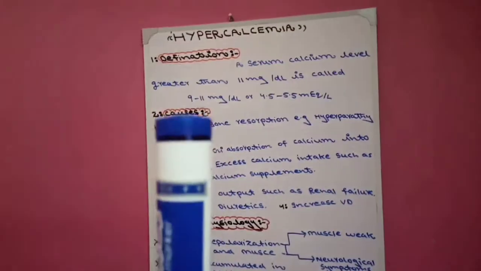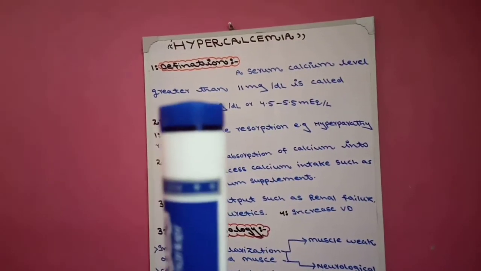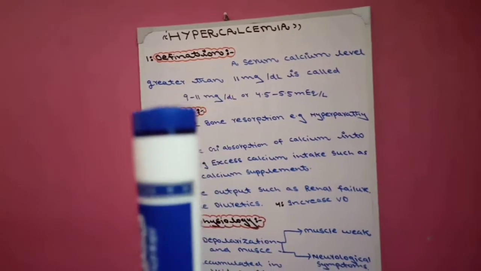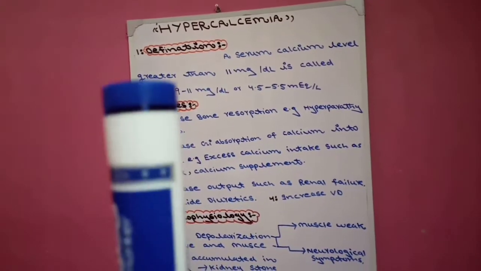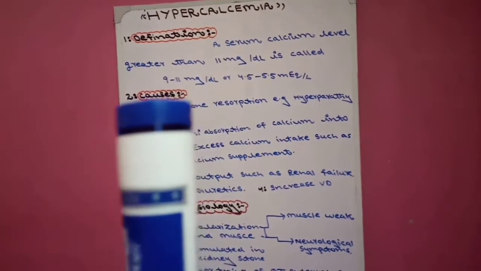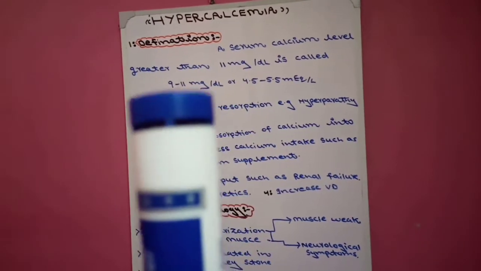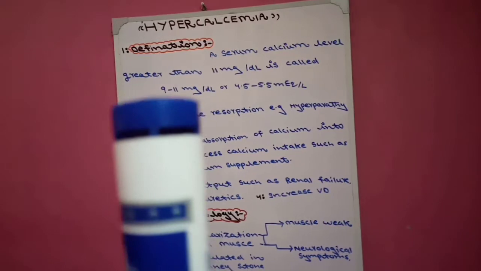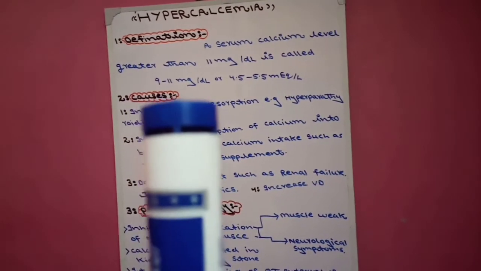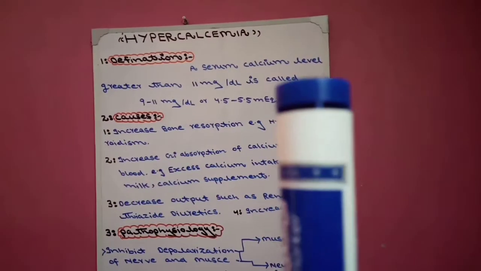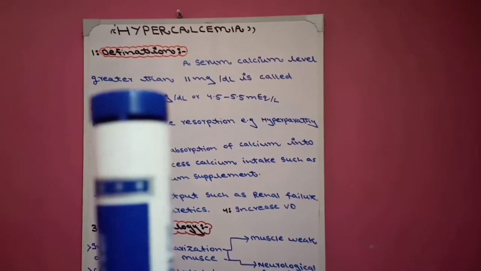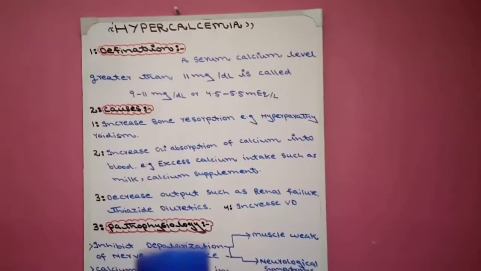If the level of calcium in serum is less than 9 milligram per deciliter, it is called hypocalcemia. But if the level of calcium in serum is greater than 11 milligram per deciliter, it is called hypercalcemia.